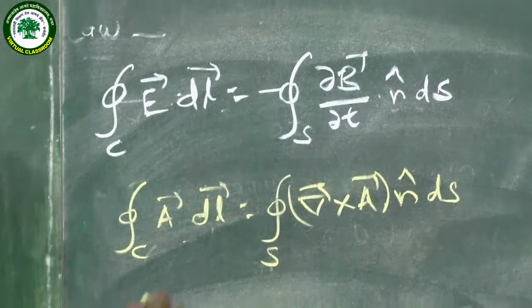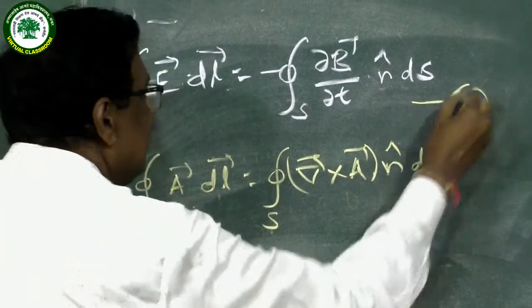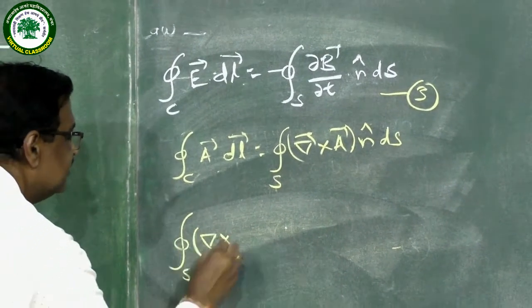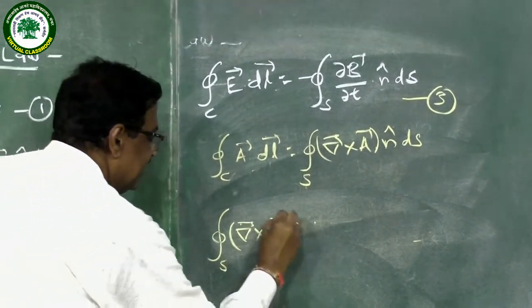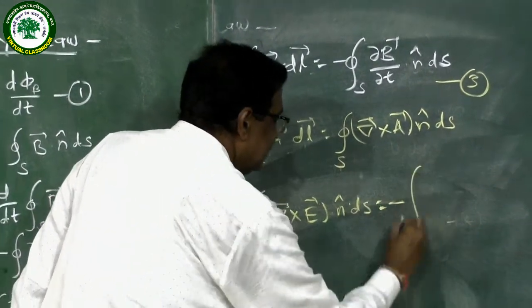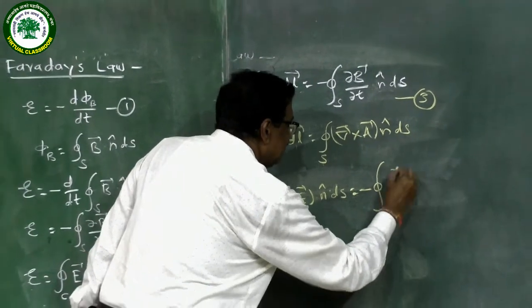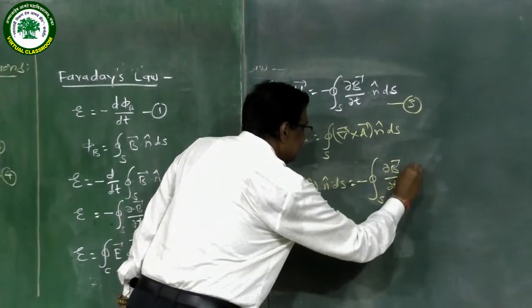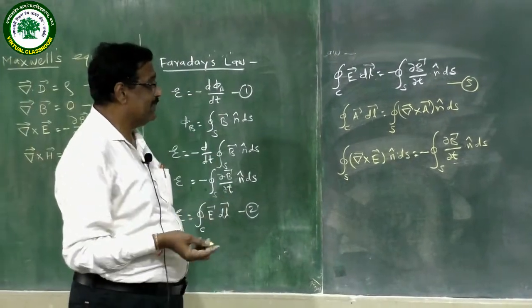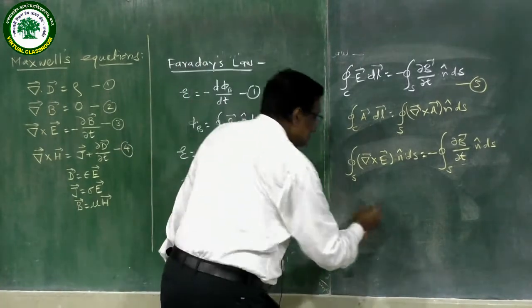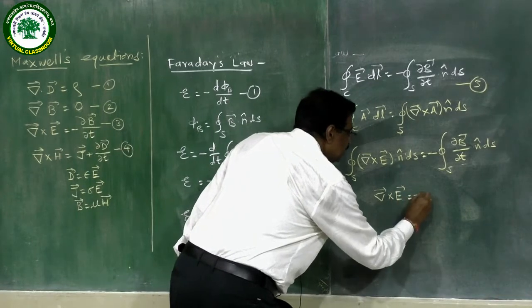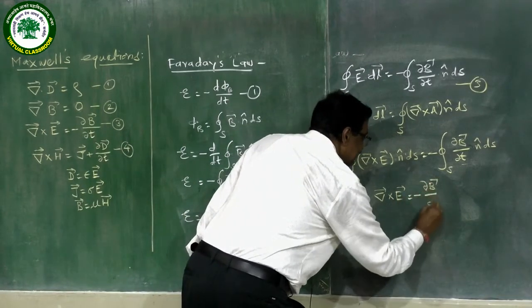So equation number 3 becomes the integral over S of curl of vector E dot n dS is equal to minus the integral over S of ∂B/∂t dot n dS. So on both sides we have a surface integral over the same surface. So we may reduce this equation to a simple form, that is curl of vector E is equal to minus ∂B/∂t.